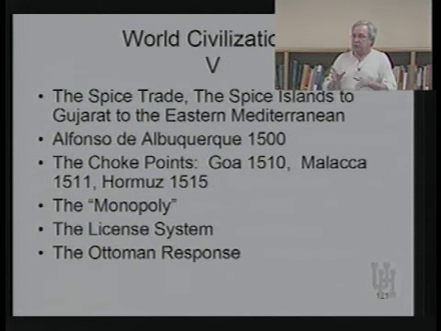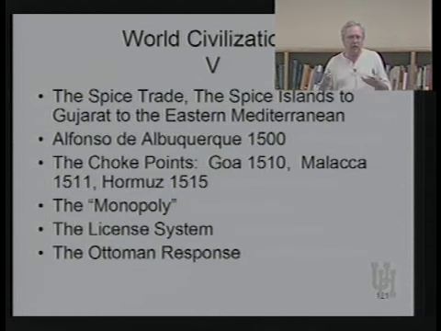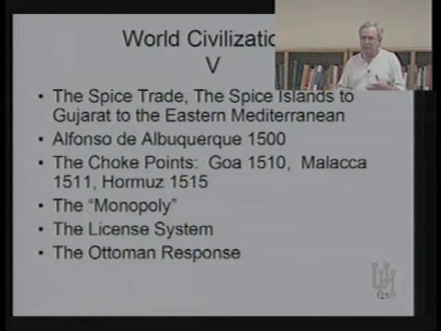The other approach that they took in goods other than spices, especially off the coast of India, was to establish a licensing system.